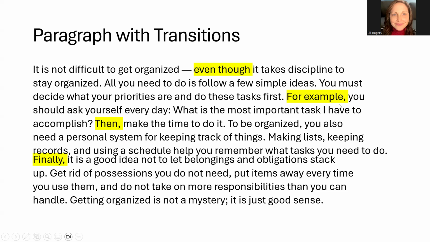For example, okay, you must do this. For example, what is the most important task to accomplish? Then make time to do it. Finally, so it really helps with these transitions, makes it much easier for the reader to follow, and it signals in our brains that, oh, okay, this is the next thing, this is the next thing, kind of breaks it up so you can understand it better.